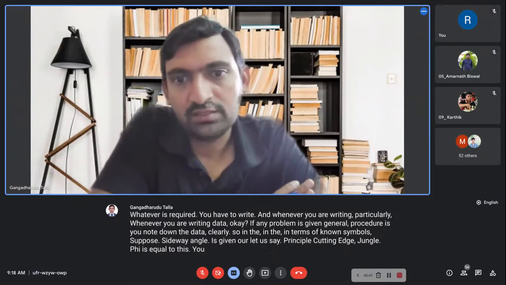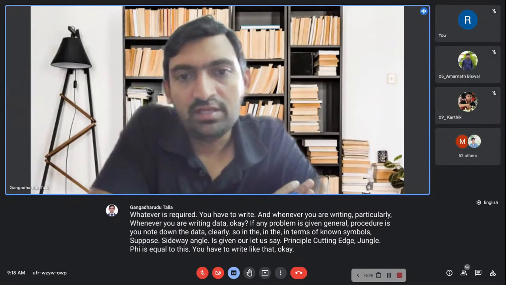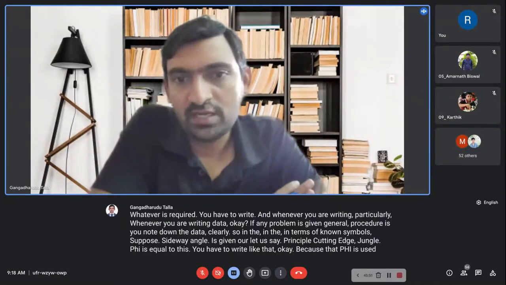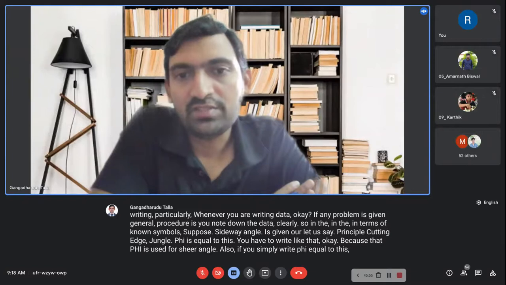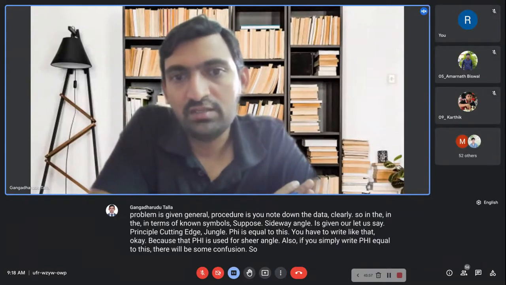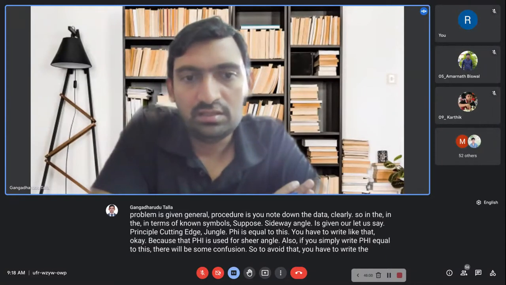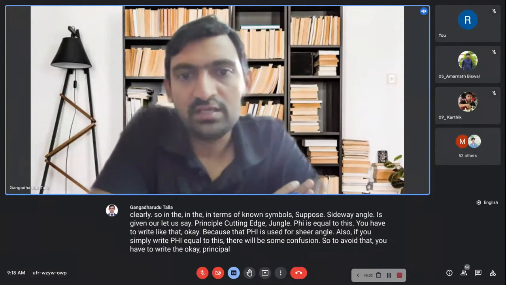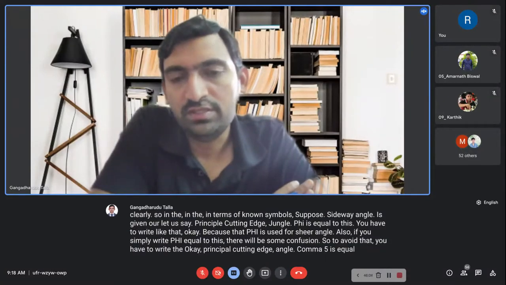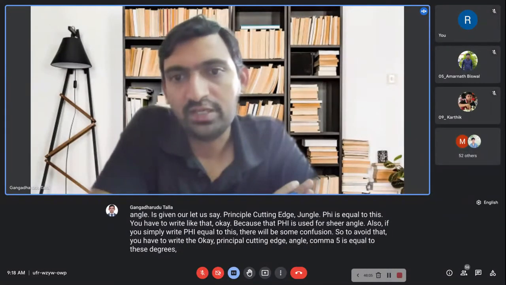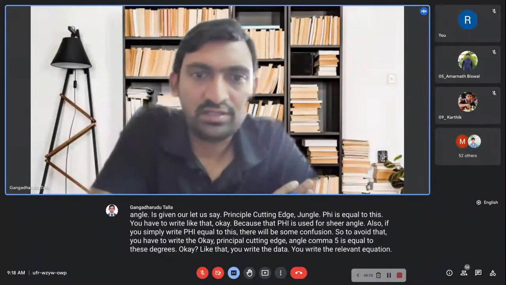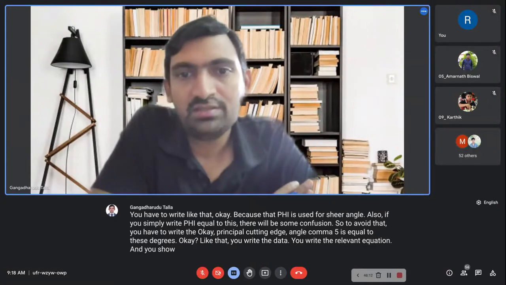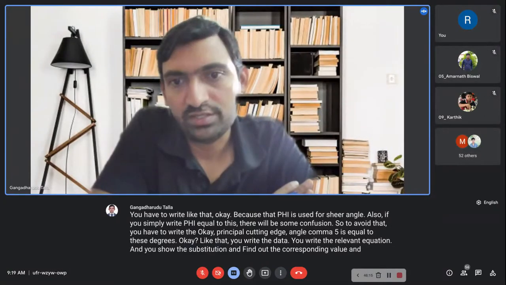You have to write like that, because phi is used for shear angle also. If you simply write phi equal to this, there will be some confusion. So to avoid that, write principal cutting edge angle, phi, is equal to these degrees. Like that you write the data, write the relevant equation, show the substitution, find the corresponding value and write it with units for any problem.